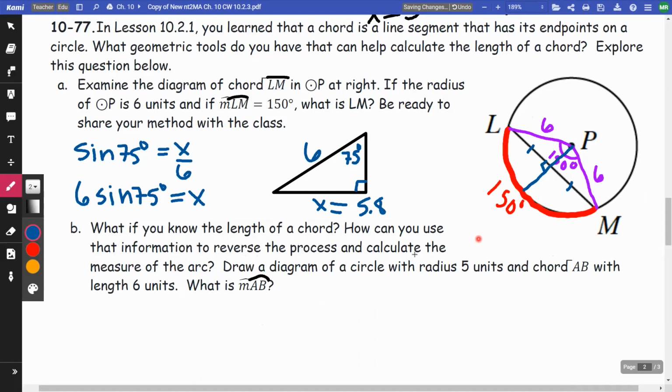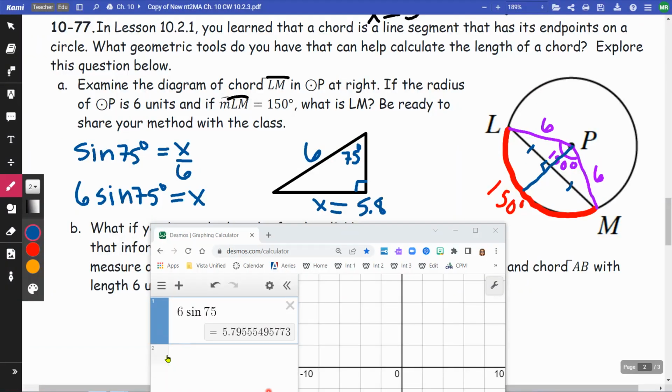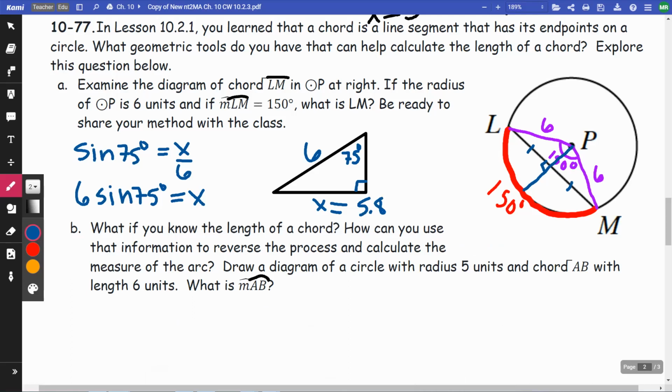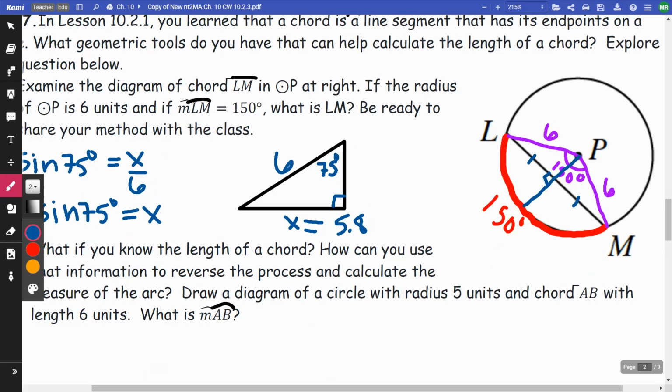So again, when I double that, I'm going to come here and times this by 2. I end up with 11.6 for my answer. So the whole length of LM is going to equal 11.6 units.